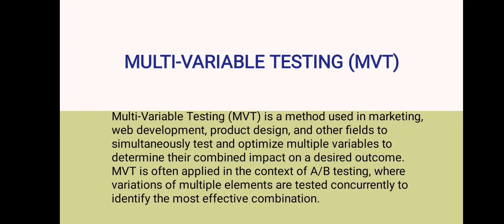MVT is often applied in the context of A/B testing, where variations of multiple elements are tested concurrently to identify the most effective combination. So multivariable testing is a powerful tool for businesses and organizations seeking to optimize their digital presence, marketing strategies, and user experiences by systematically testing and refining various elements in a controlled and scientific manner.